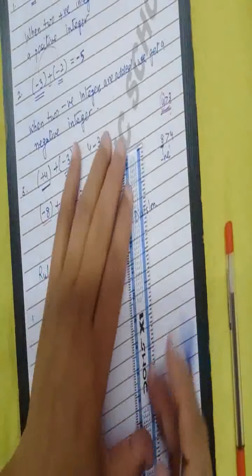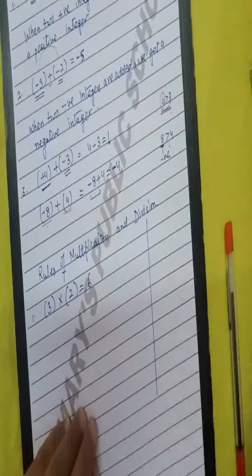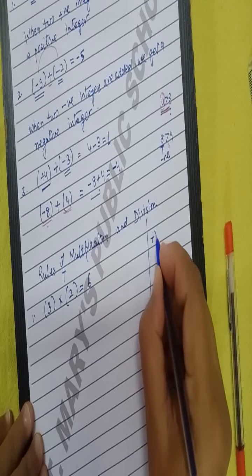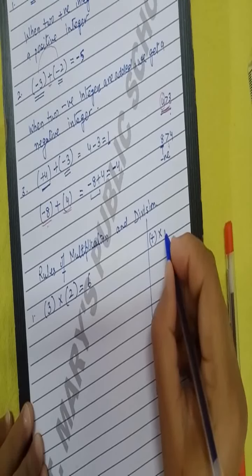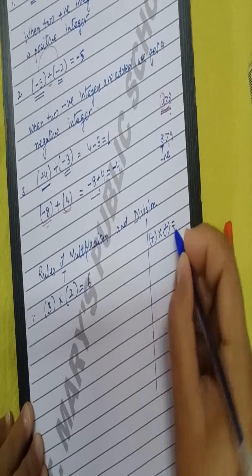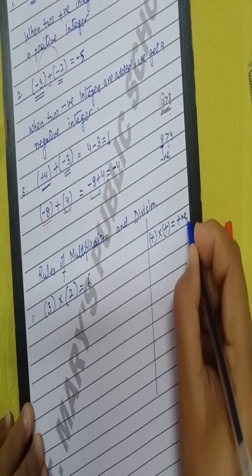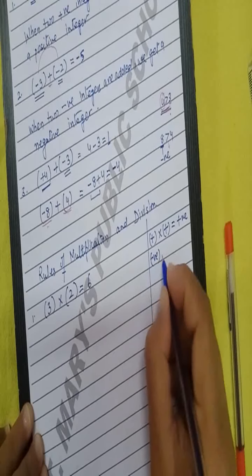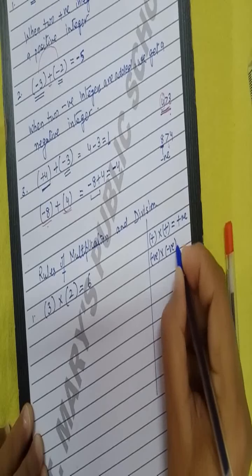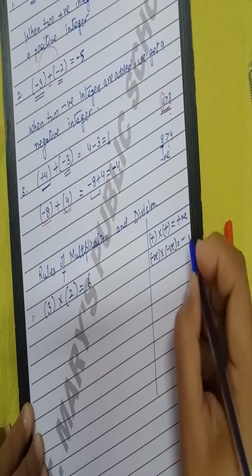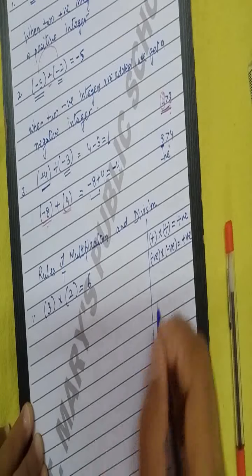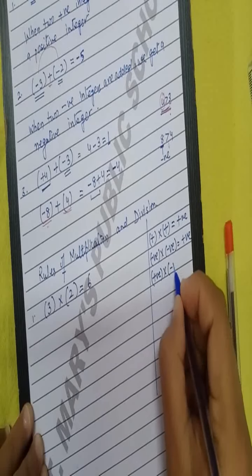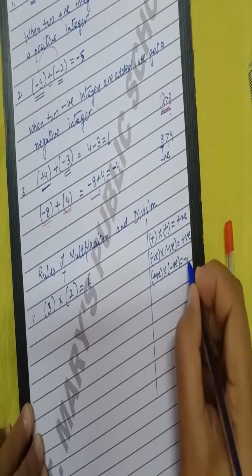In class 6 we already taught you some rules. Positive into positive is positive. Negative into negative is positive. Positive into negative is negative.